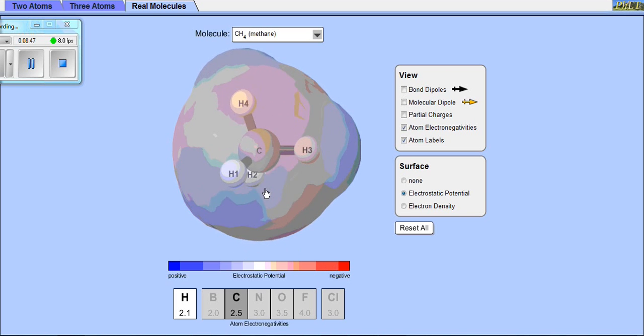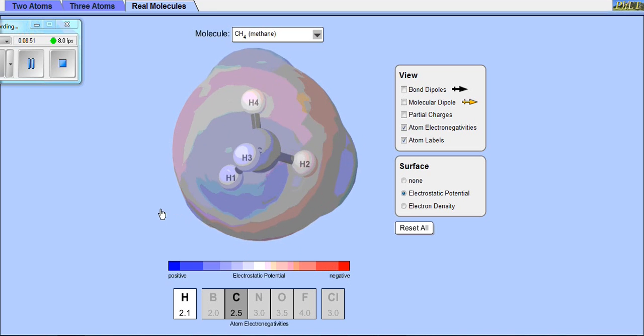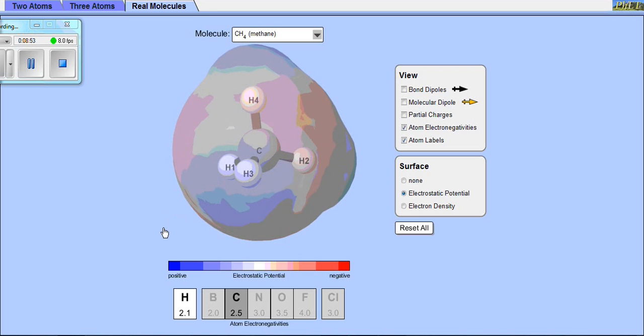So that is the case that we can see here, that again between carbon and hydrogen in a methane molecule we have slightly polar bonds between the C and the H. So the electrons are more concentrated onto the carbon than the hydrogen. So the hydrogen side is positive and the carbon center is negative.